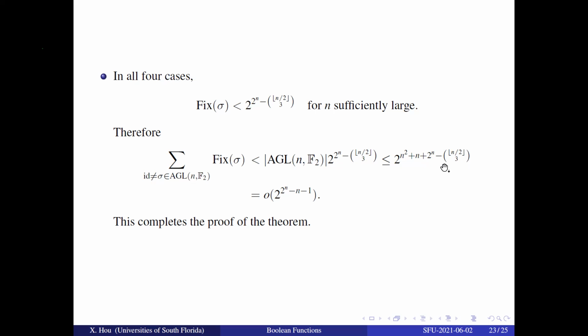Okay. Well, let's see. If you look at this binomial coefficient, it is a cubic polynomial in n, correct? Cubic polynomial in n. Here you have a square of n and a linear n. So you have a negative cubic term that will be dominant. So I will be able to say that this entire expression is little o of 2 to the power n.